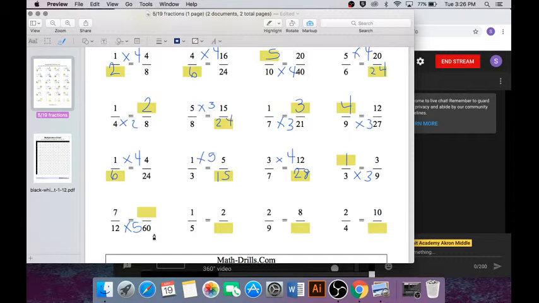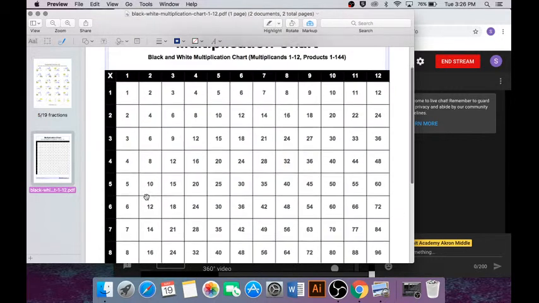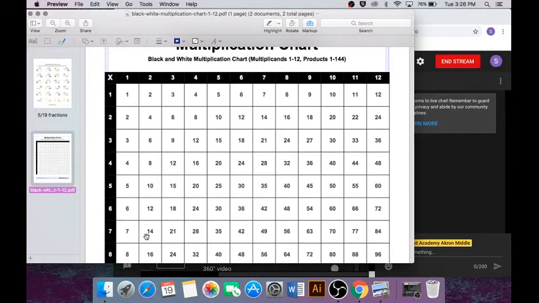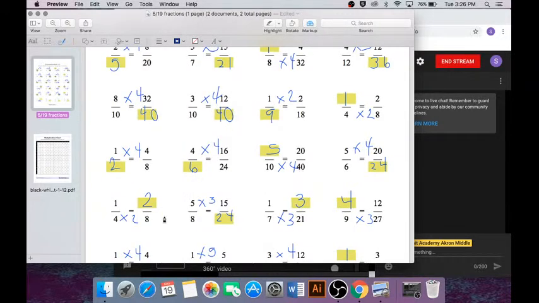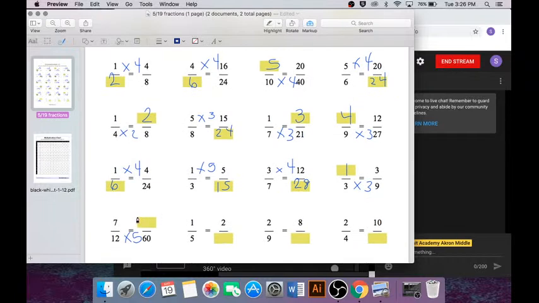Okay, so for our numerator, we're going to start at 7, and we need to figure out 7 times 5 to figure out our second numerator. So in our 7 times table, we have 7 times 1, 2, 3, 4, 5, and 7 times 5 is 35. So our answer is 35.